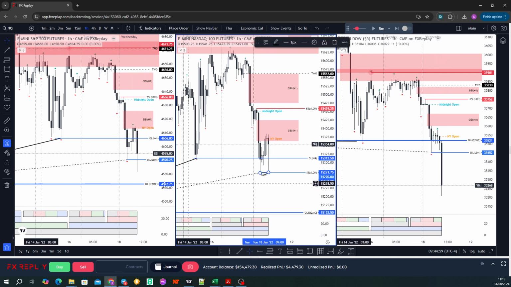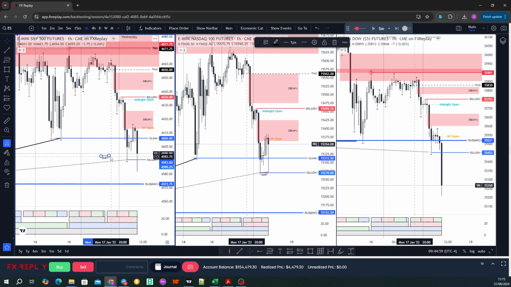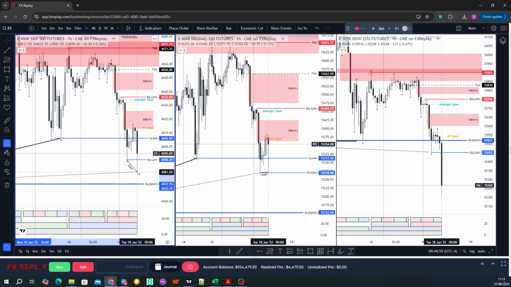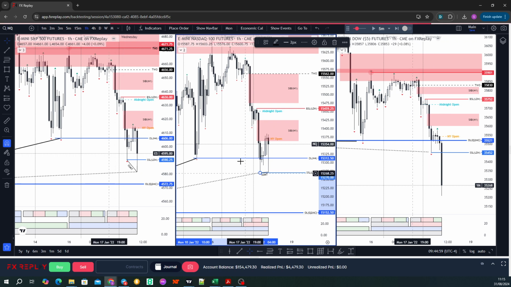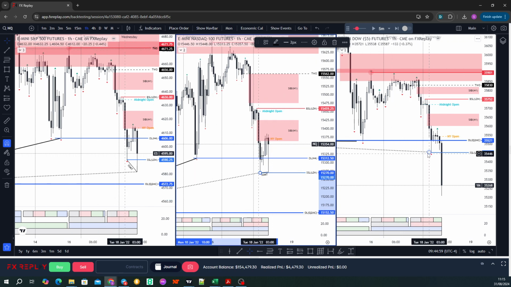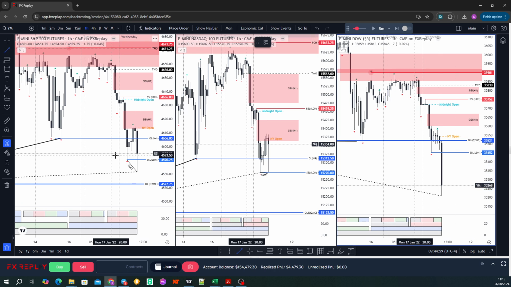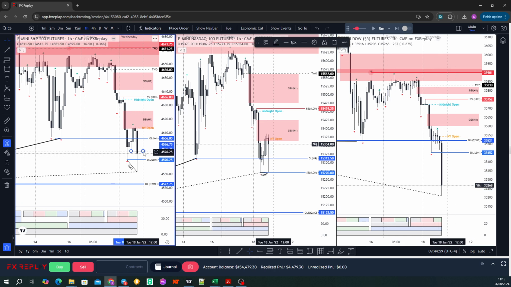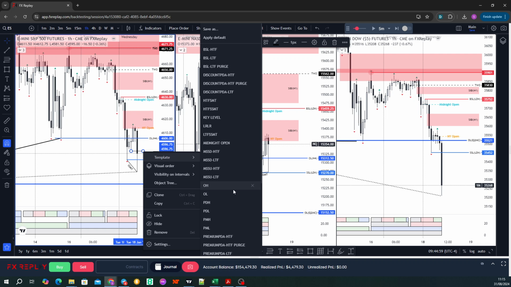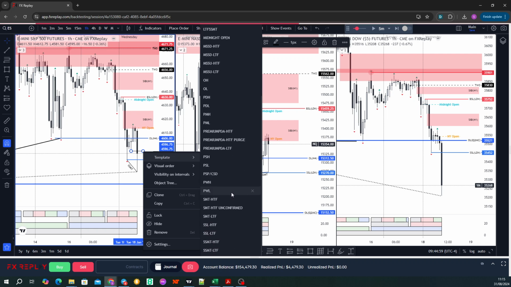I'm just marking this, because we have had the rejection, no close underneath. That also validates that. We'll just leave that for now, and this obviously. Now, as you can see, do we have a sort of universal purge?